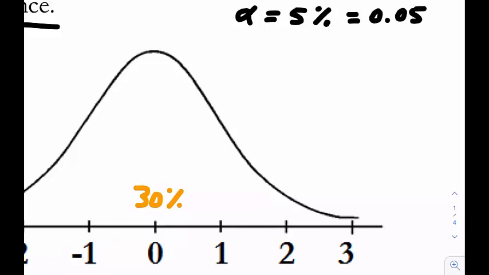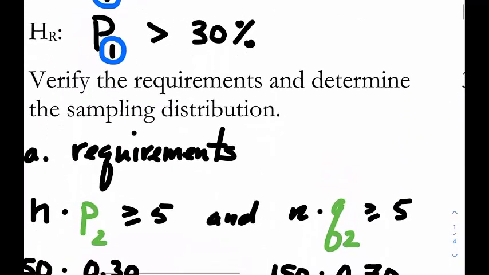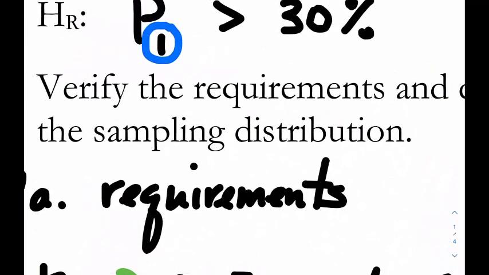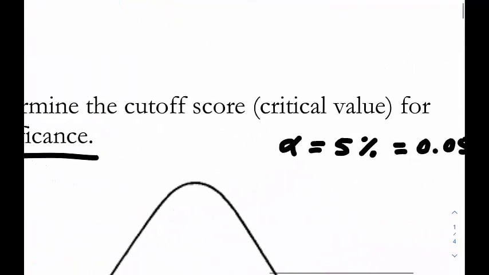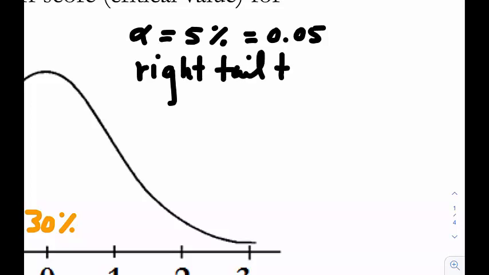Then the next question is, is this a left tail, right tail, or two-tail test? Let's look at the research hypothesis. Back over here, the research is showing they want to show it's more than. That's an arrow pointing to the right. This is going to be a right tail test. And then finally, the last part is to bring this information together.